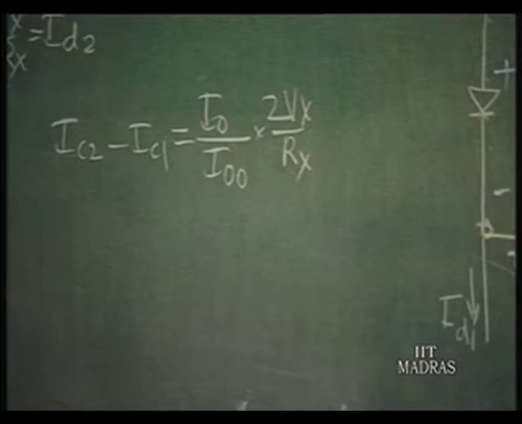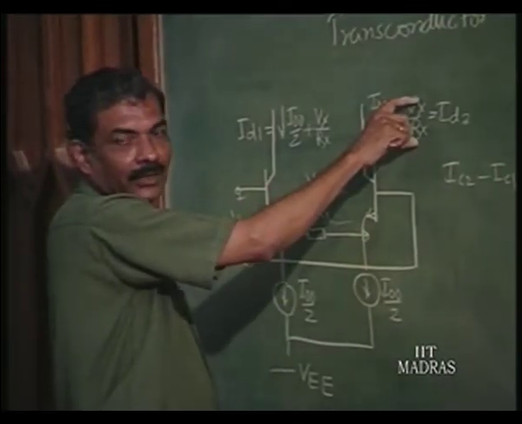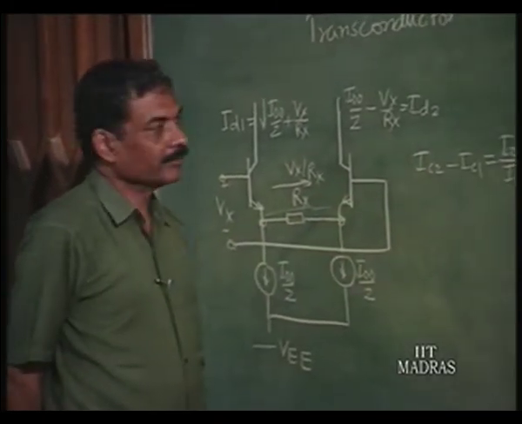This is delta I by 2, this is minus delta I by 2. So, delta II is twice Vx by Rx.